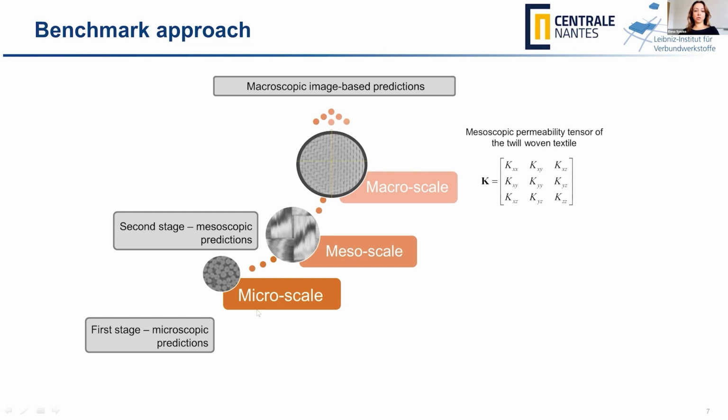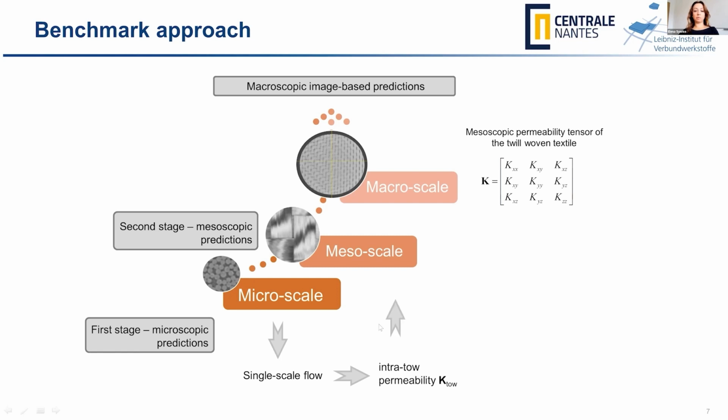So we start from the microscale, which is at the scale of fibers. The fibers are themselves assembled in the yarns afterwards, and then they form the textile. So the first stage concerned the microscale, which means the single-scale flow between the fibers. Then out of that, we obtain the intra-tow permeability.